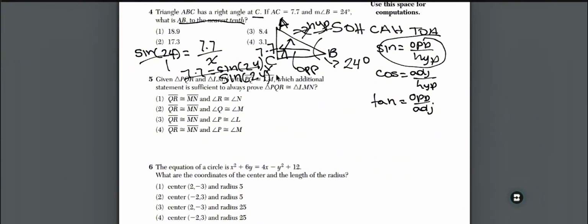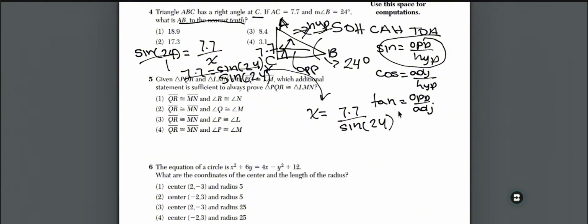Now, in your calculator, what you're putting in is 7.7 divided by sine of 24. Prior to putting anything into your calculator, what I want you to do is go in your calculator and hit mode.